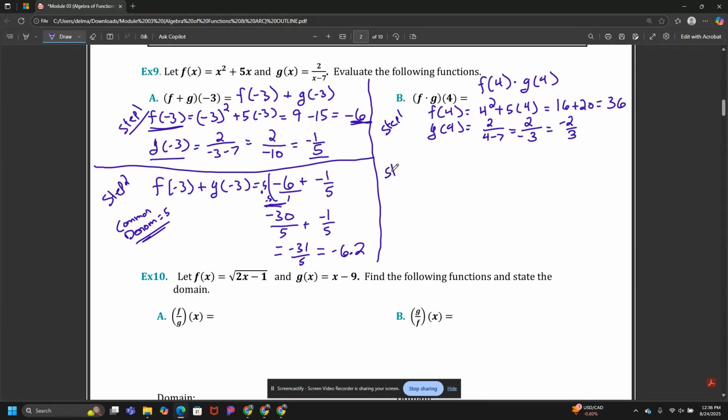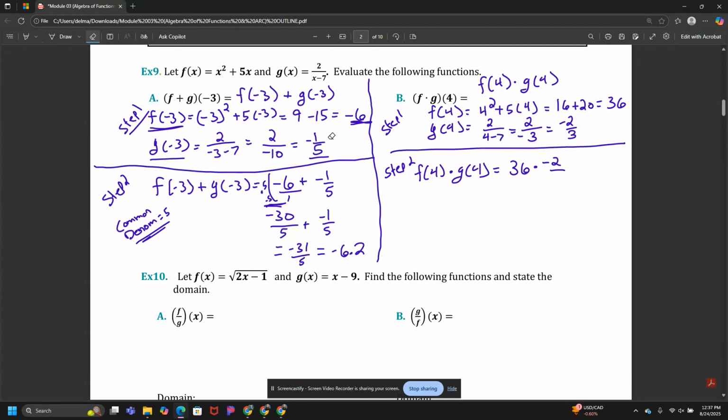So then step 2 becomes rewriting this. So f of 4 times g of 4 is equal to those two numbers we found times each other. So to do it, 36 times negative 2/3. Now the nice thing about this is multiplication. You don't need a common denominator.